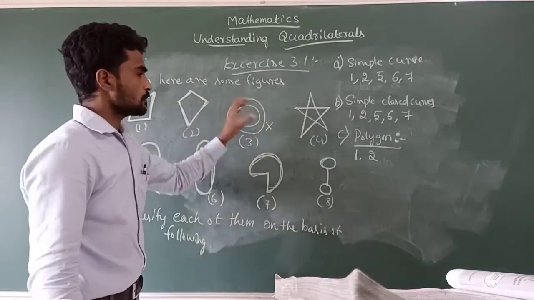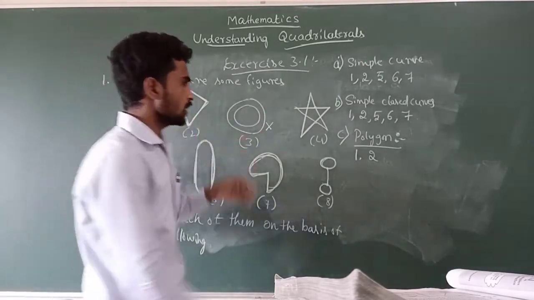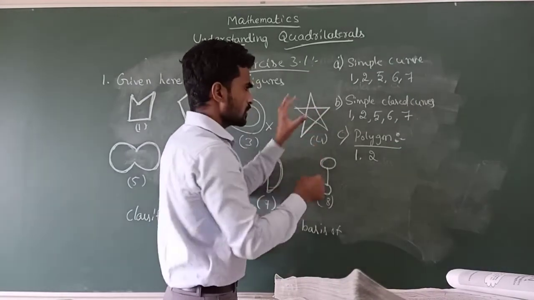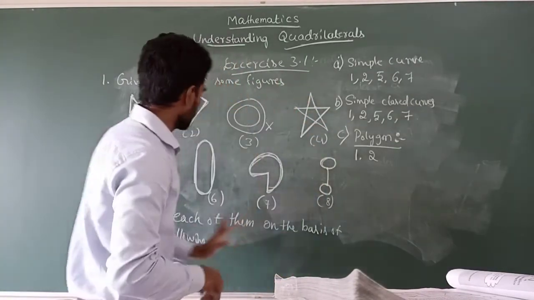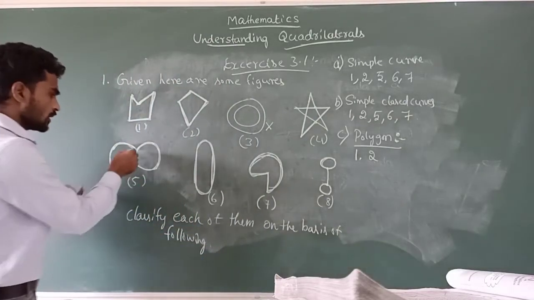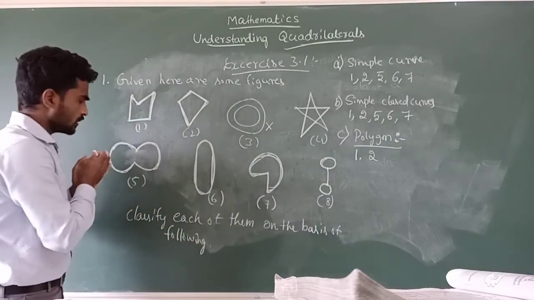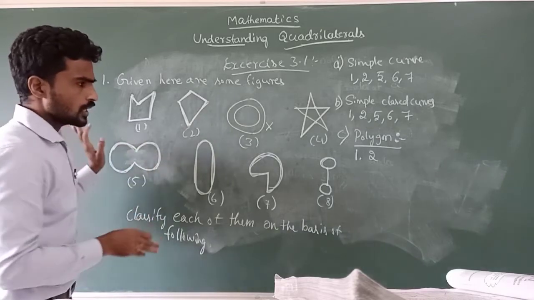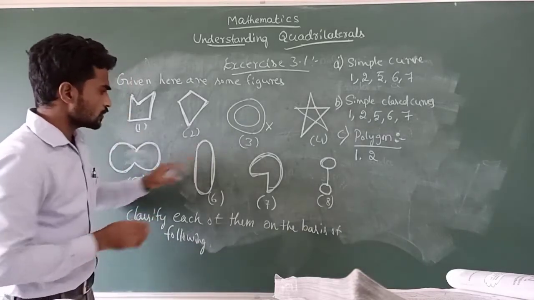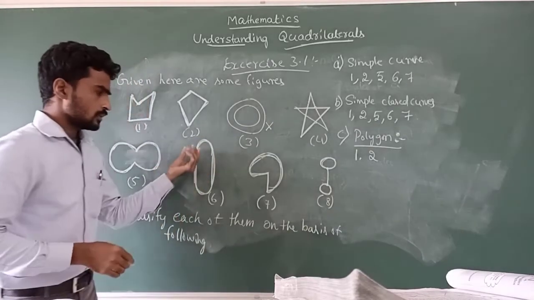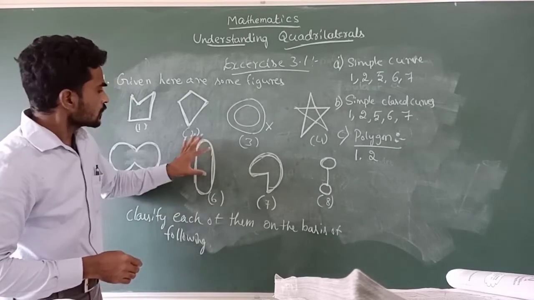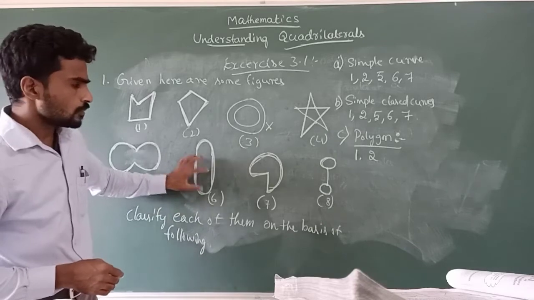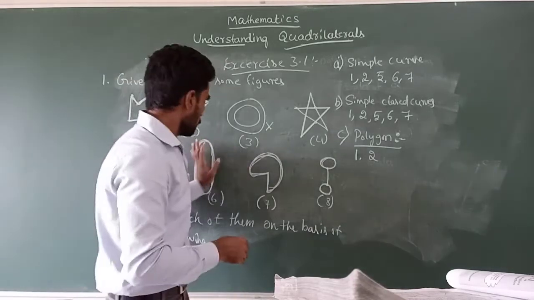Here a curved shape is there, there are no regular line segments. Here also it is not a closed simple curve, therefore it is not a polygon. Here there are no straight lines, therefore it is not a polygon. Here also some curves are there. Here not all 4 sides are straight lines, therefore it is also not a polygon.